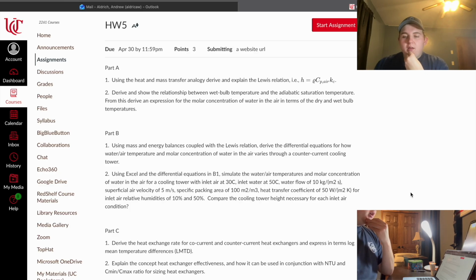Water flow of 10 kilograms per meter squared second, superficial air velocity of 5 meters per second, specific packing area of 100 meters squared per meters cubed, heat transfer coefficient of 50 watt per meter squared Kelvin for inlet air relative humidities of 10 and 50. And then after we do that first part, we will compare cooling tower height necessary for each inlet air condition.